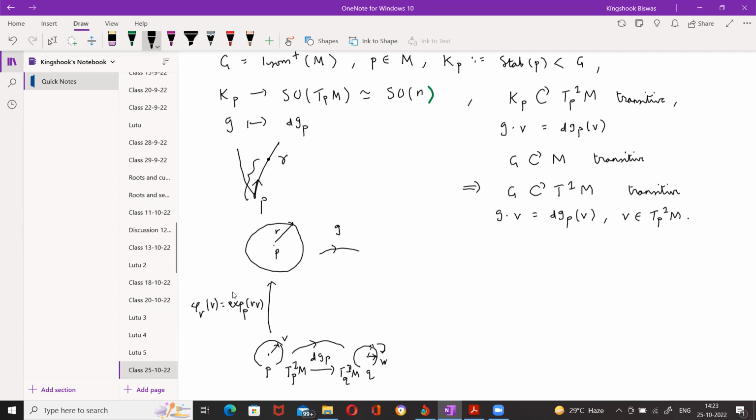Okay. So on the right hand side, I will have another map phi_r, which is phi_r of W is exp_Q(rW).